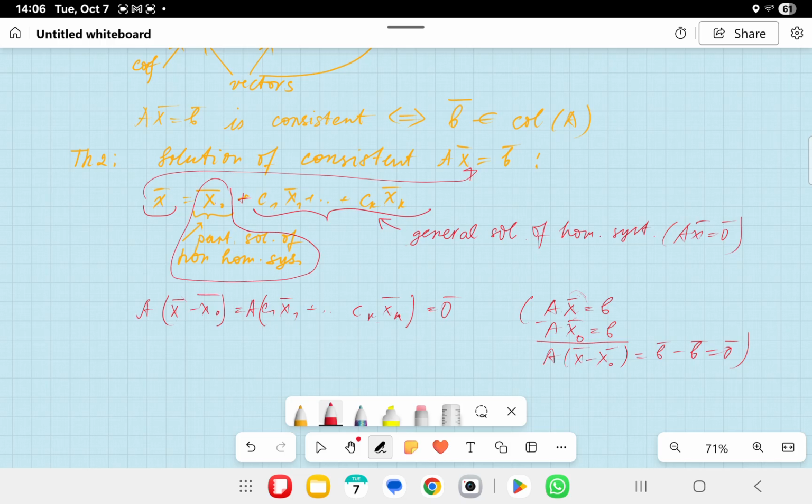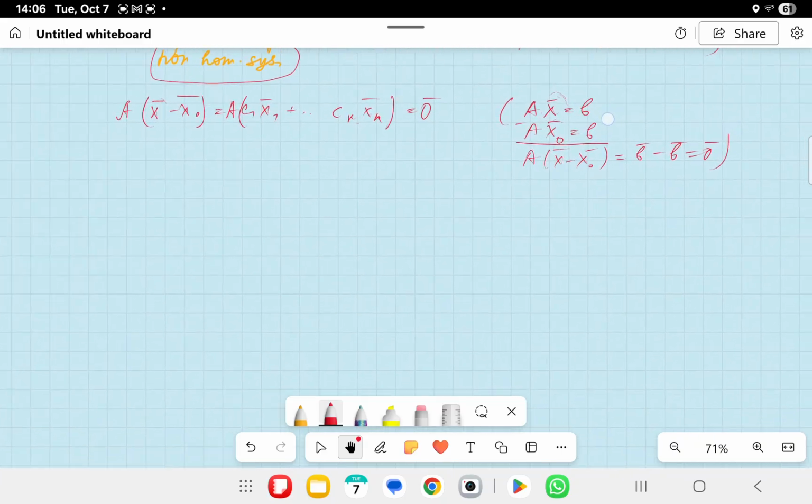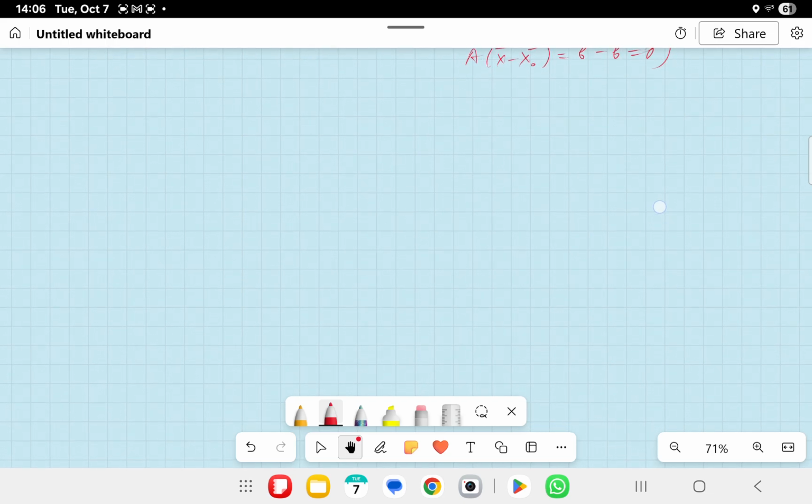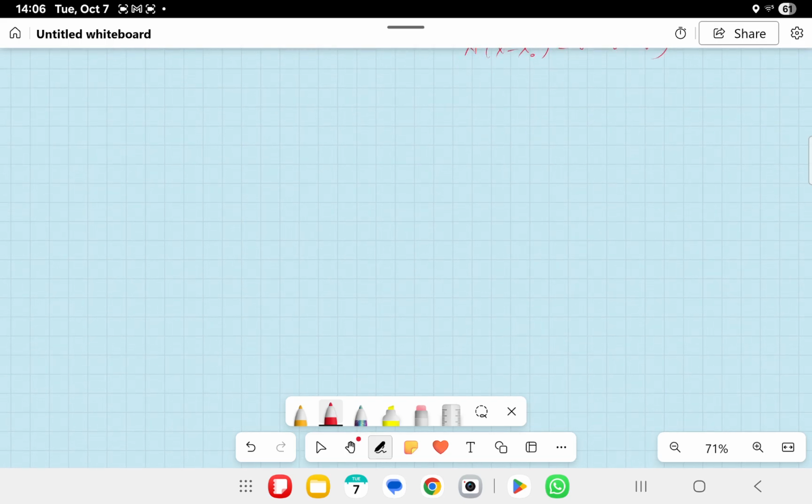Now, if we want to know the basis for these vector spaces, how they are going to look. Well, guys, let's talk about what we usually perform on matrices. Usually, we perform row operations, right?